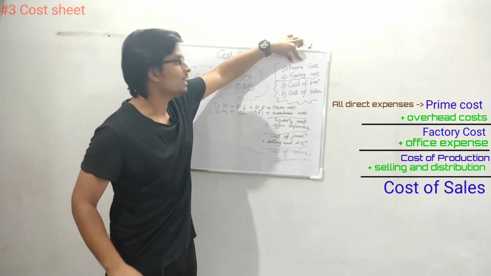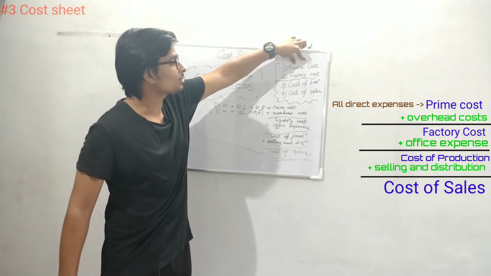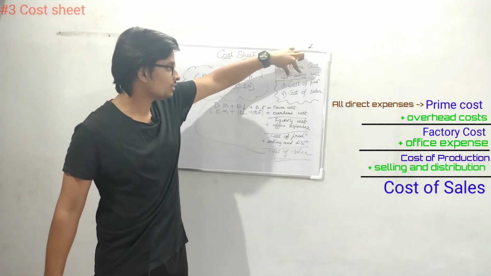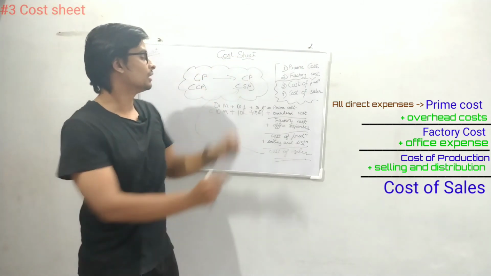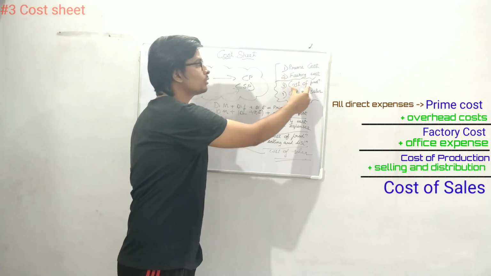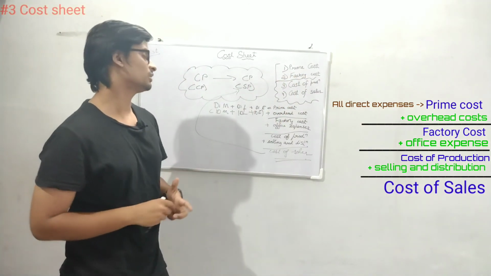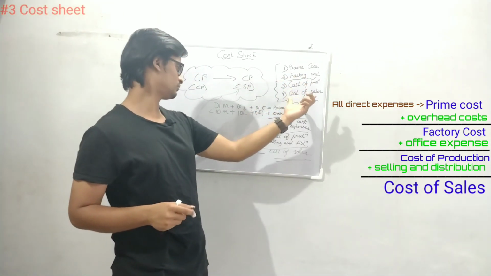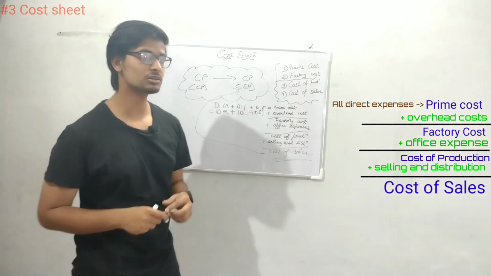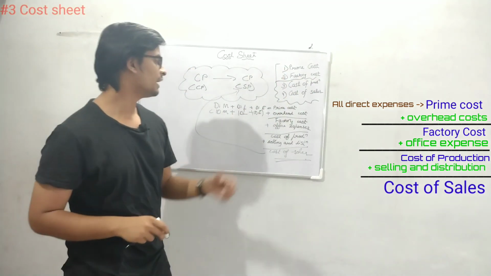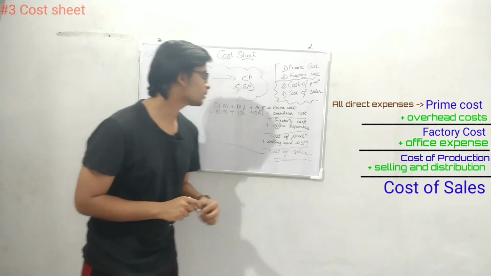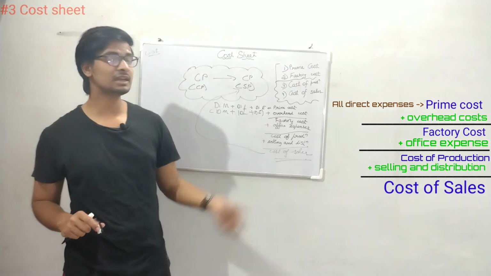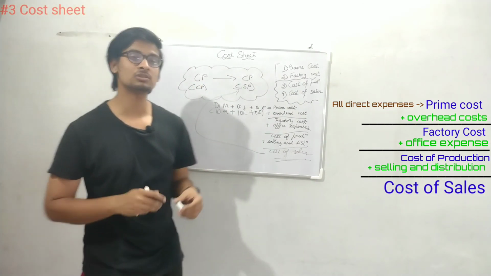If we add overhead cost or indirect costs to prime cost, we get factory cost. If we add office expense to factory cost, we get cost of production. And if we add cost of selling and distribution, we get cost of sales.